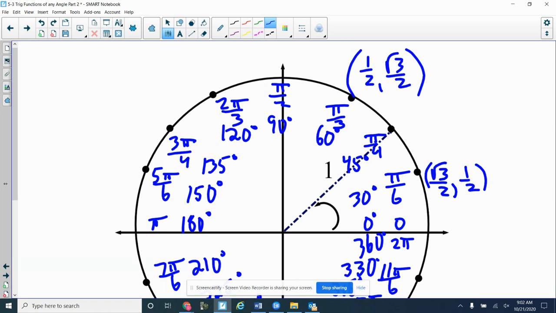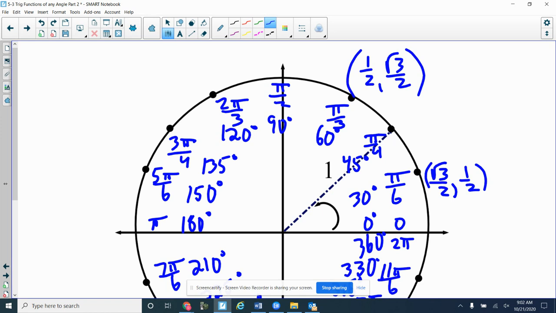For the 45 degree angle, the sine will be opposite over hypotenuse, so that's 1/radical 2, which rationalizes to radical 2/2. The sine and the cosine of 45 degrees are the same because the x and y values are the same.